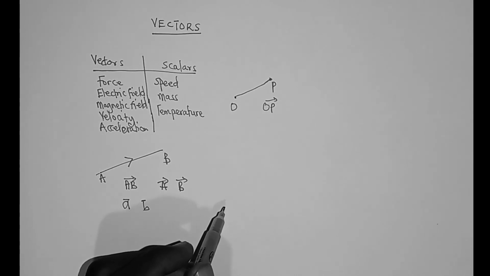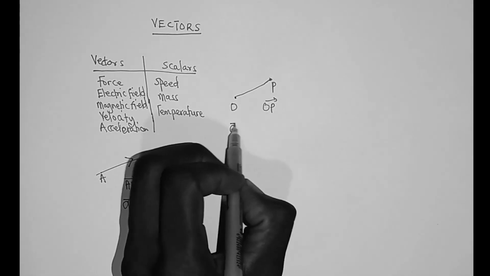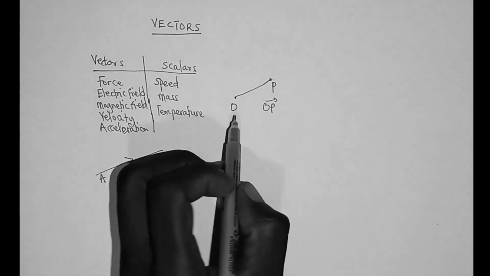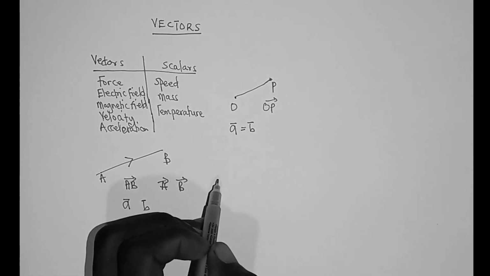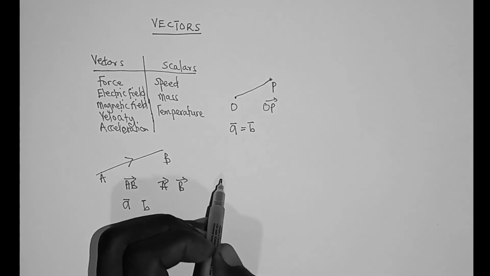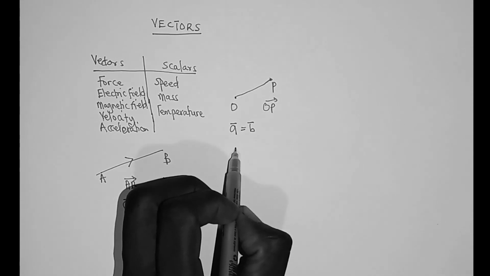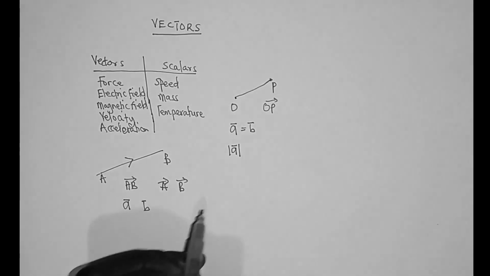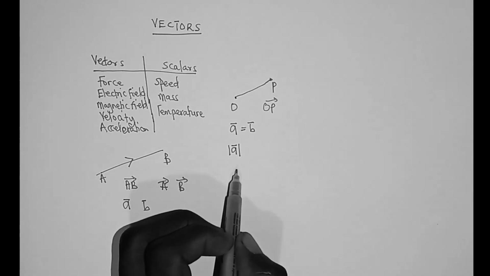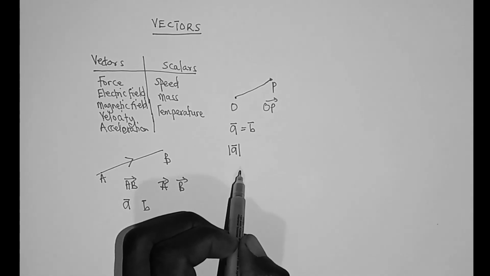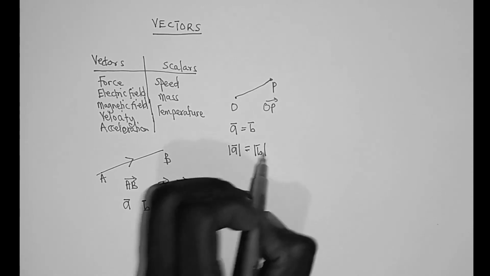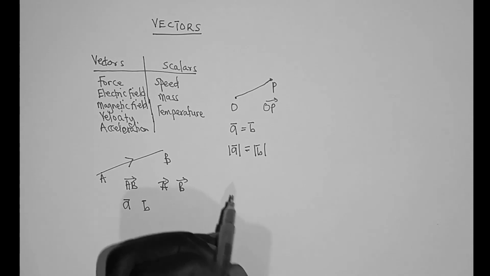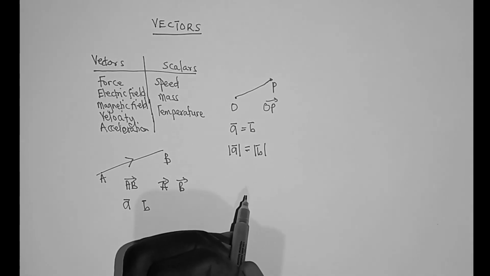Also, if a vector A is equal to the vector B, what does this mean? It means that the length of A, which is usually represented in this form, or in other words, the magnitude of A, equals the length of B. So it's also equal to the magnitude of B. It also means vector A and B are in the same direction.